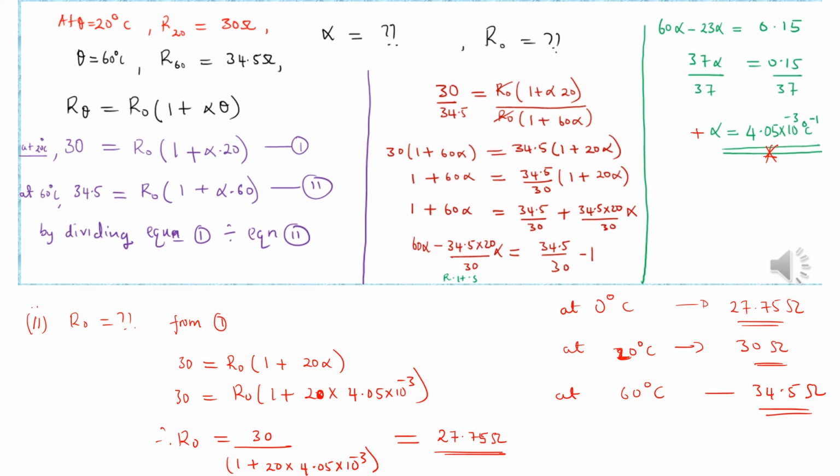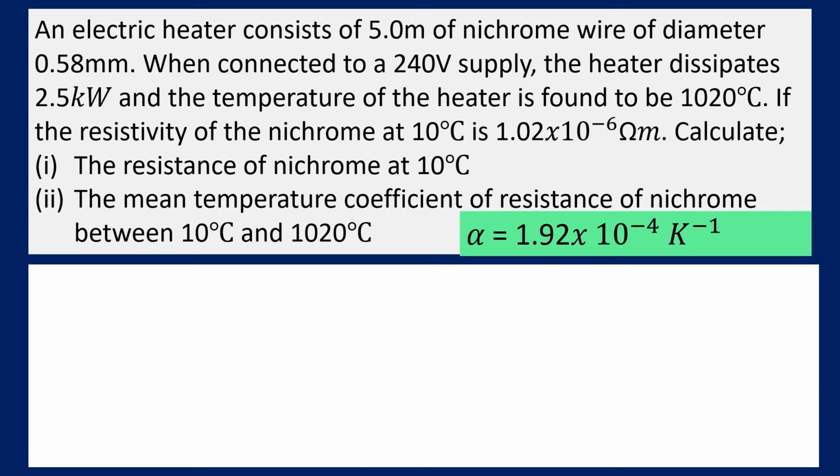In this example, we have an electric heater which consists of 5.0 meters of nichrome wire of diameter 0.58 millimeters. So they have given us the diameter of the wire, and when you convert to meters, this becomes 0.58 times 10 to the negative 3 meters.